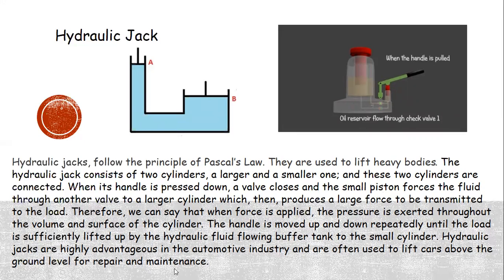The handle is moved up and down repeatedly until the load is sufficiently lifted by the hydraulic fluid flowing from the buffer tank to the smaller cylinder. Hydraulic jacks are highly advantageous in the automotive industry. They are often used to lift cars above ground level for repair and maintenance.